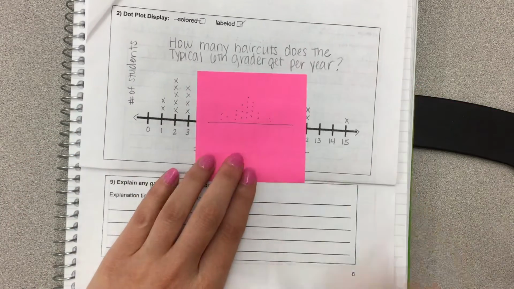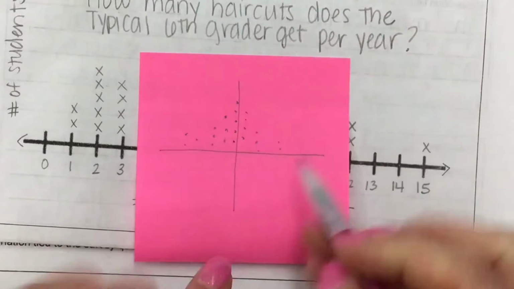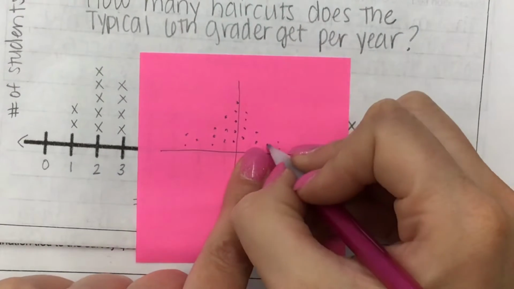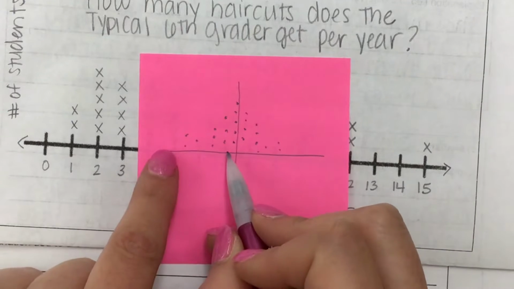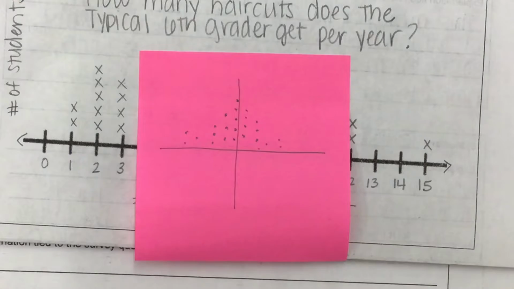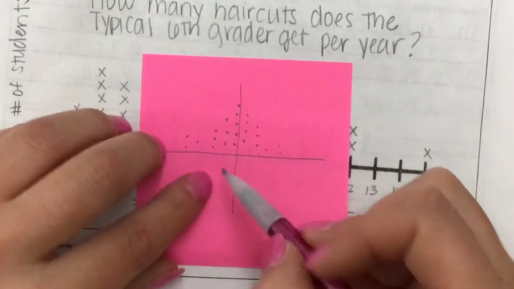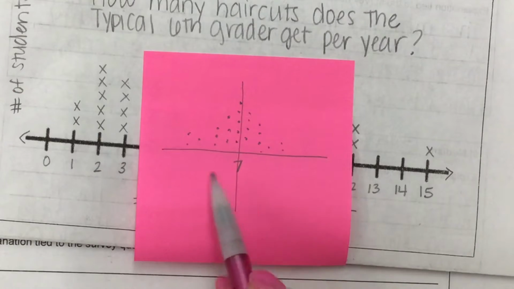So if this was your dot plot, and sorry, that's so small, if I drew a line down the middle, see how this side, maybe I'll add a couple more, see how this side kind of matches or mirrors the data on that side. Then you could say that your data is symmetrical around whatever. Let's say this was a 7 there. You could say my data seems to be symmetrical on both sides of the 7.